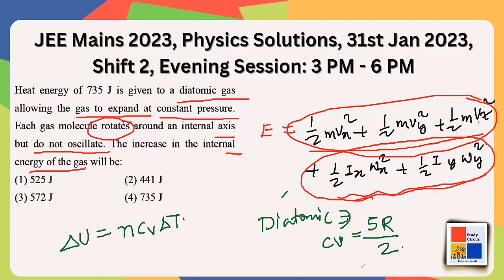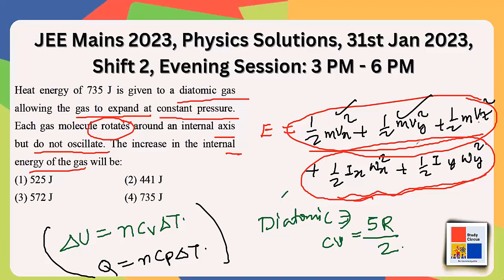So this was a little introduction, and the heat Q is given by n CP delta T. I'll explain how and why we are using these formulas, delta U and delta Q, but this was just an introduction of how things are.